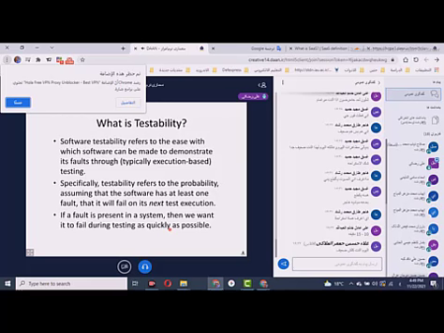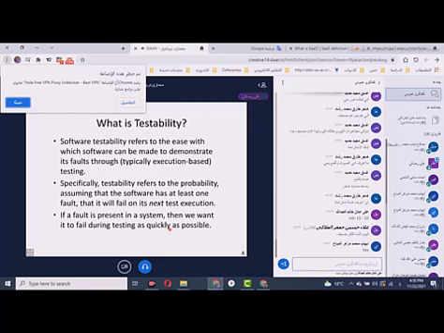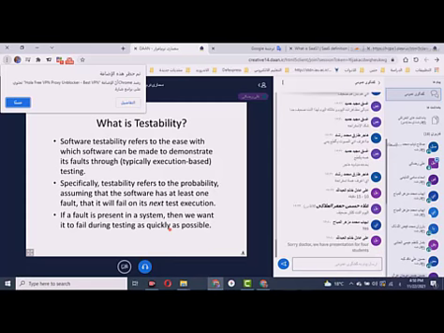But first, let me ask you: do we have any groups who want to present? Okay, it seems no groups are ready. Oh, 4 students.